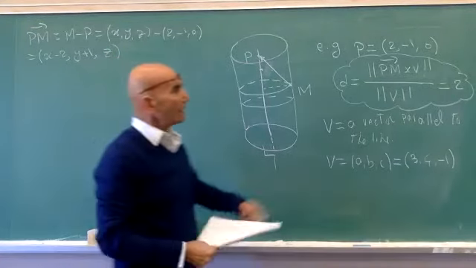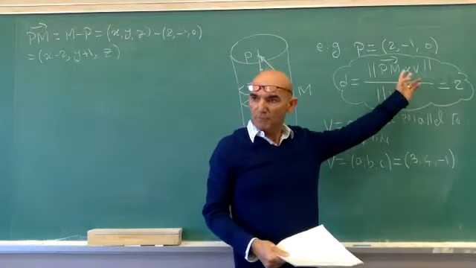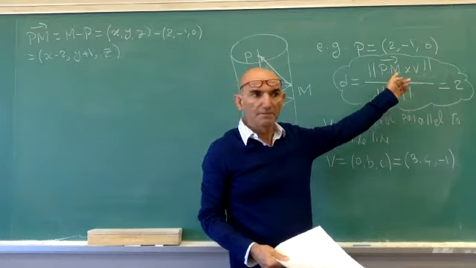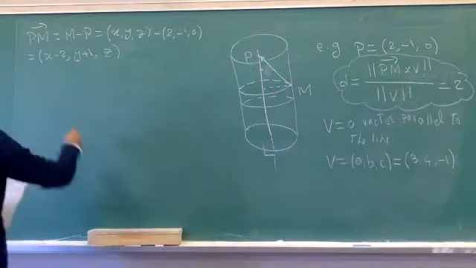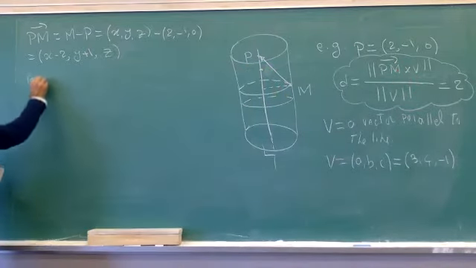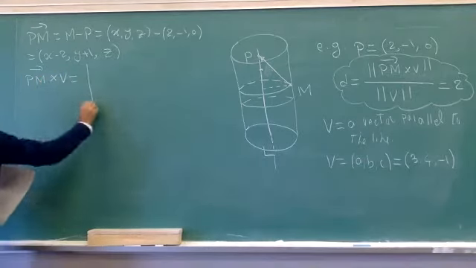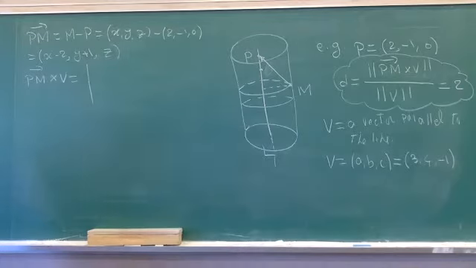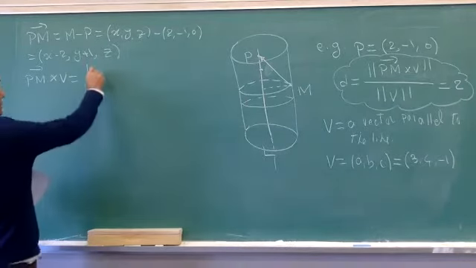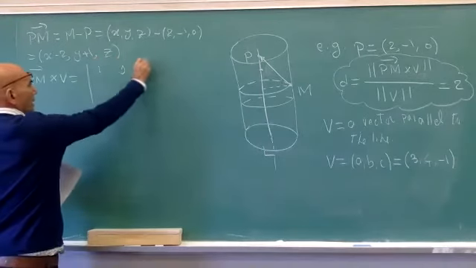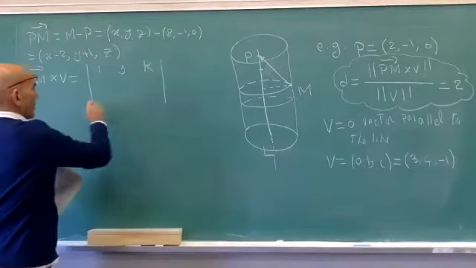Then we have to take the cross product of PM with V, right? With V. So this vector PM cross V, remember, we had this formula IJK for this cross product, the determinant formula for cross product. IJK. Okay, very good.